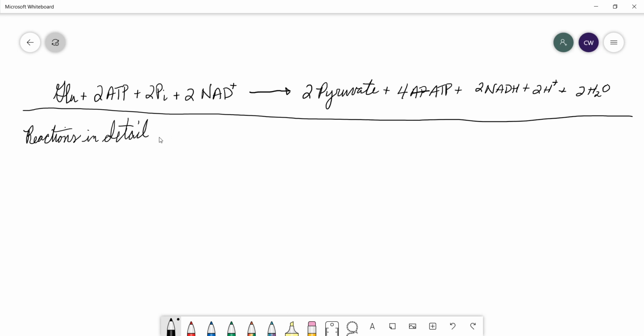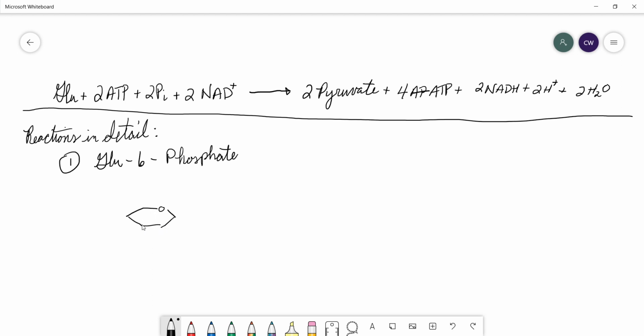And I think for this video, I want to aim to try and get through stage 1, but we'll see how far we get. Okay, so our first reaction involves the synthesis of glucose 6-phosphate. So what we have is our glucose.